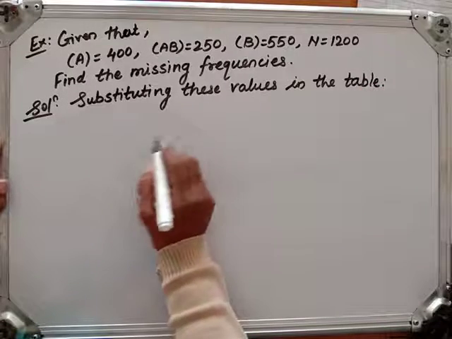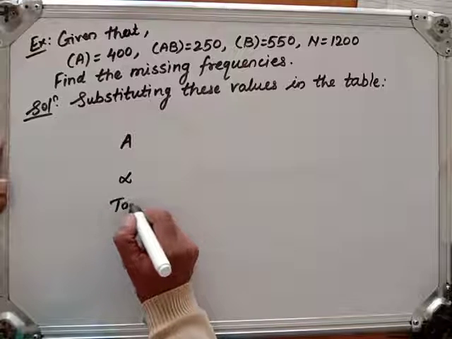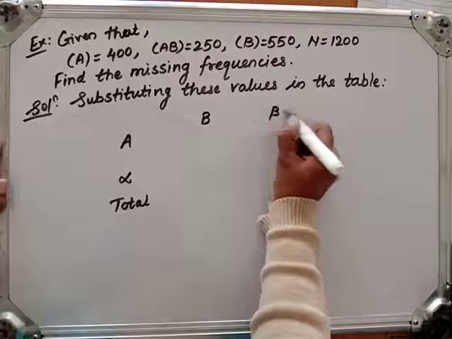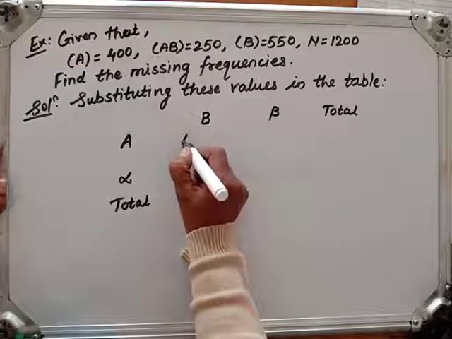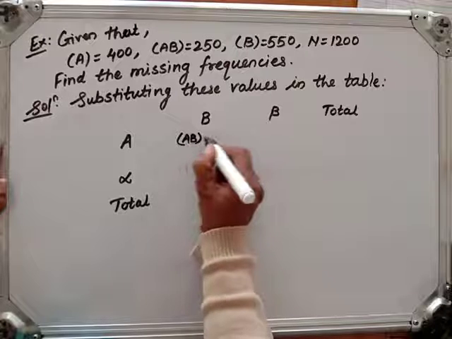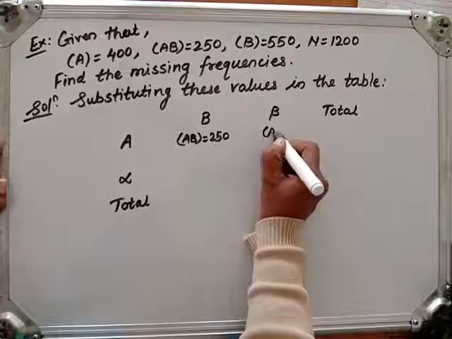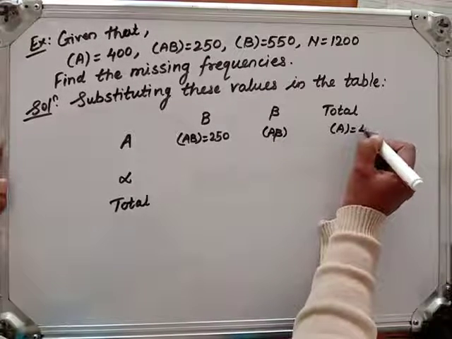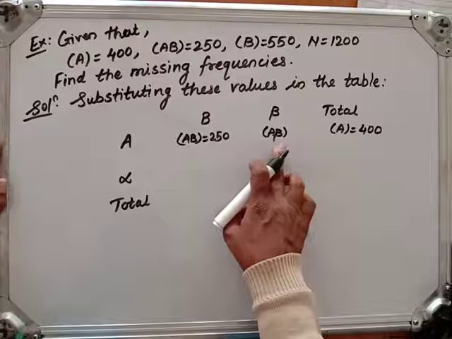Which table? Like we have formed A, alpha and total. Similarly B, beta and total. So here AB, and that value is given, that is 250. This is unknown, A beta, and this is total A, that is 400. So total is known, this is known, so we can easily determine this one.